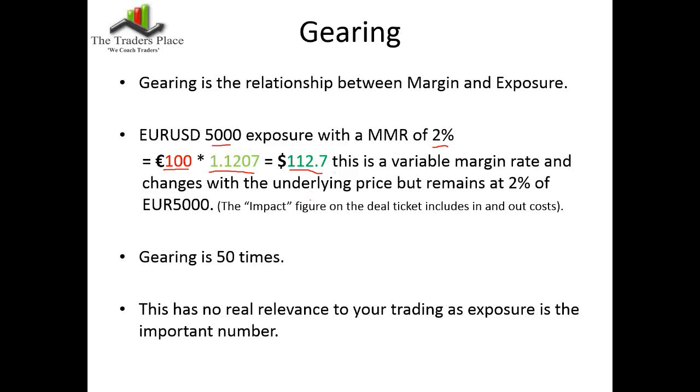This is a variable margin rate and changes with the underlying price, but remains at 2% of 5,000 euros. And when you look at your deal ticket or your order entry, the impact figure on the deal ticket includes your in and out costs, so whatever your commission cost would be. In this example, your gearing is 50 times, so that means you can take 50 times your $5,000 account. That's not recommended, but it is possible.